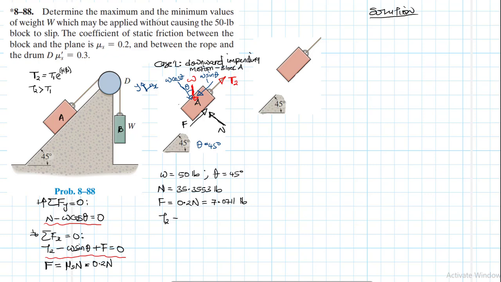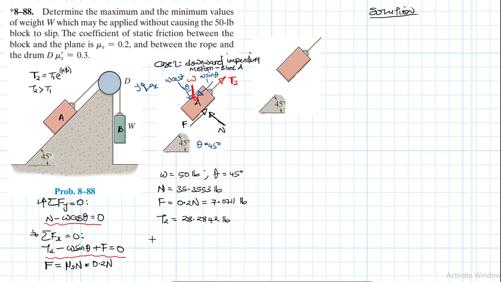So our T2 is going to be equal to, this is for case 1, 28.2842 pounds. Alright, so we are done with case 1. We are going to calculate them together after we found both cases. Okay, so let's go to case 2. Let's just find the tensions and then we'll calculate them together. Maybe we can go ahead.